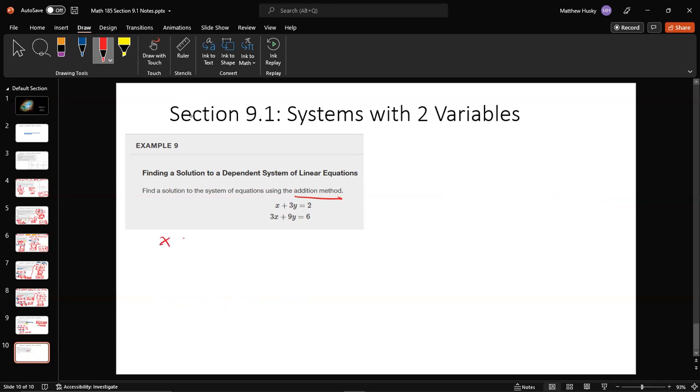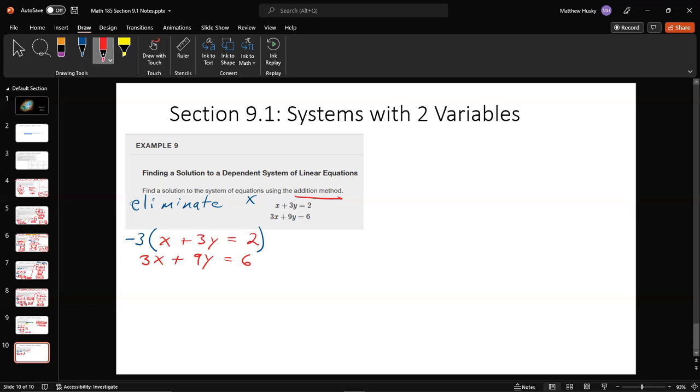If I've got x plus 3y equals 2, and the other equation is 3x plus 9y equals 6, my goal is to have opposite numbers. If I've got a 3 down here, I would multiply by -3 up here, because my goal is to eliminate x. So I will multiply by -3 to make the x go away.